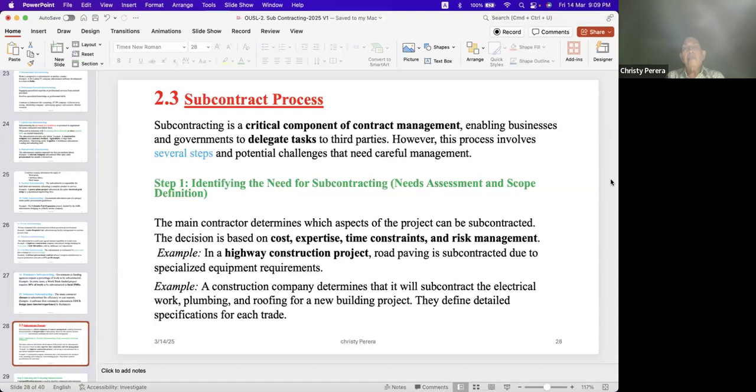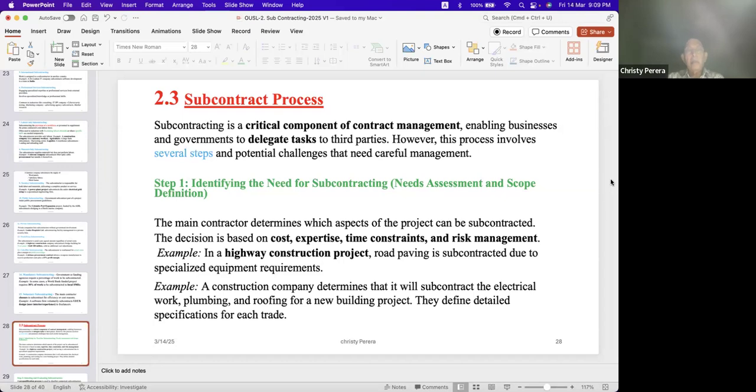However, this process involves several steps. In the subcontract process also, several steps are there to follow. What are the steps? We'll go one by one.